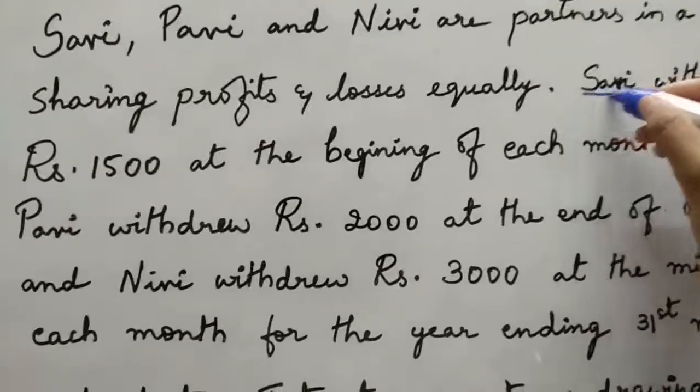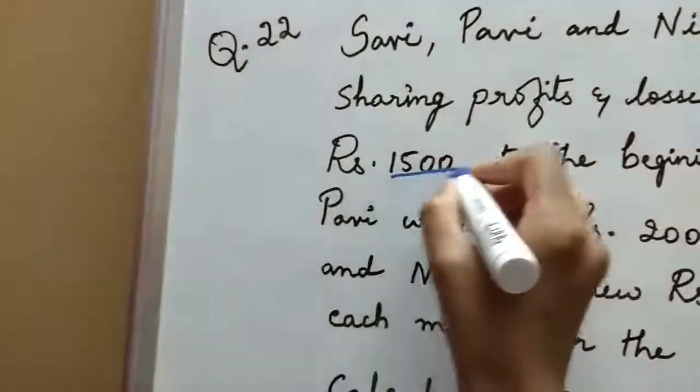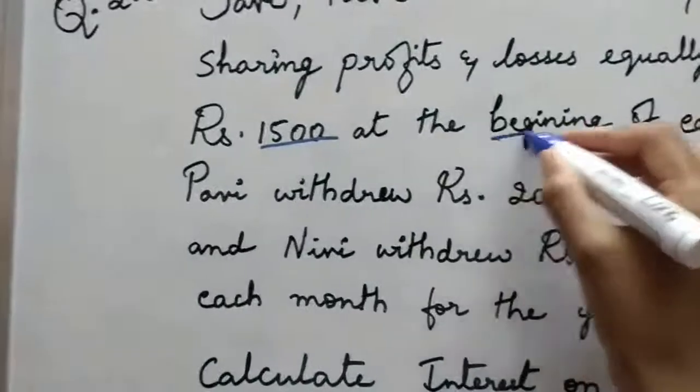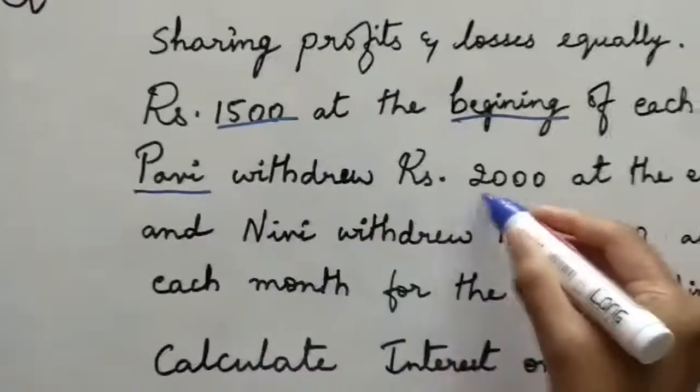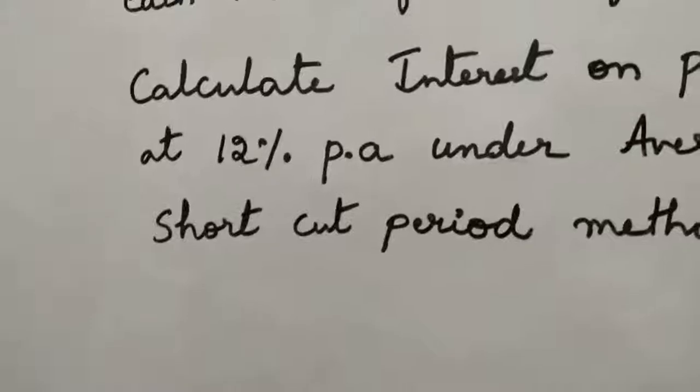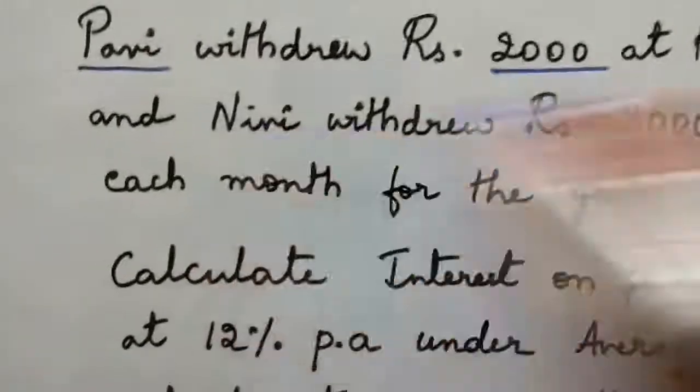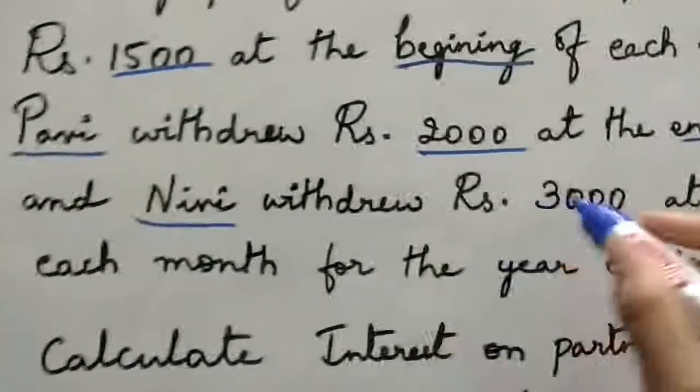So Savi rupees 1,500 at the beginning of each month, then Pavi rupees 2,000 at the end of each month and Nivi rupees 3,000 at the middle of each month.